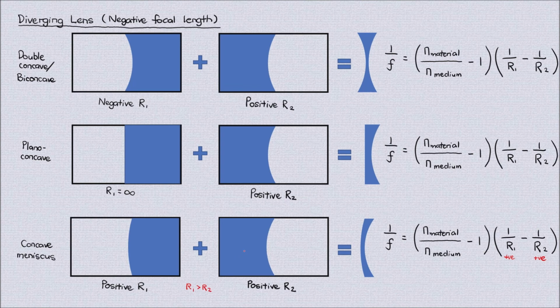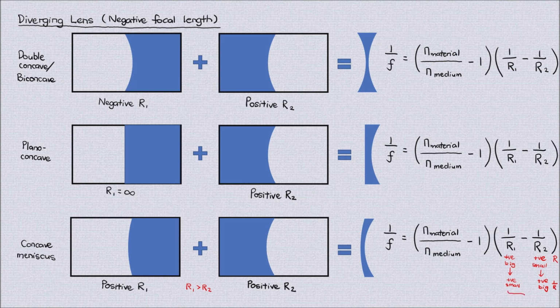Nearly flat means the center must be very, very far away, so you have a large radius of curvature. So R1 here is positive big, and R2 here is positive small. If you reciprocate them, you get a positive small for the first term, 1 over R1, and a positive big for the second term, 1 over R2.